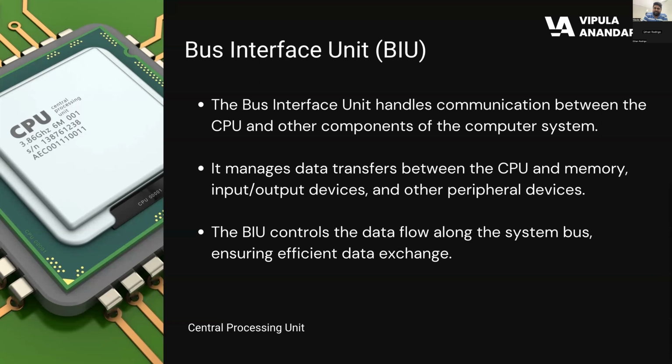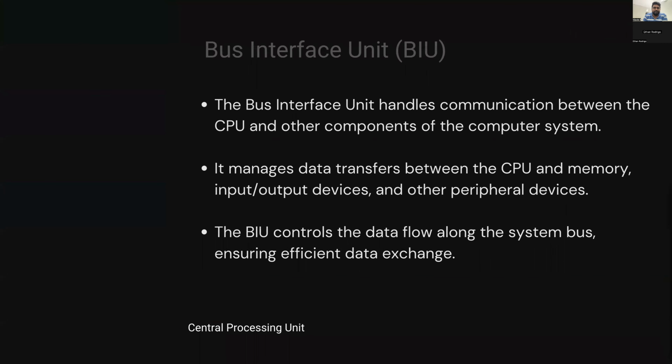It manages data transfers between the CPU and the memory as well, and controls the data flow along the system bus, ensuring efficient data exchange. ඔතන තමයි ඔක්කොම data flow එකයි ඔක්කොම controls ටික වෙන්නේ. So that is one of the major components which will basically let you interact with the system.